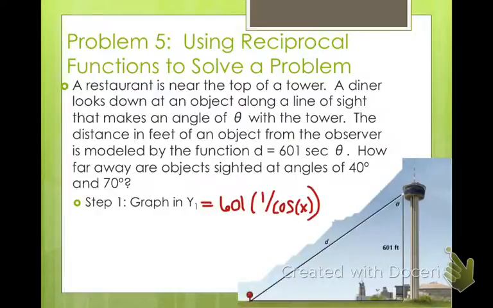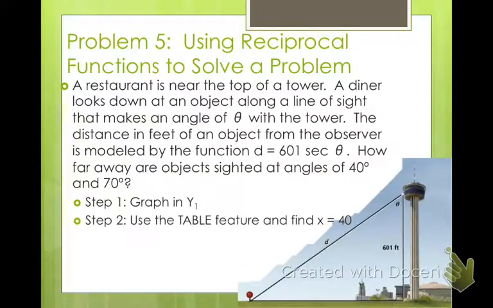So what I'm going to have you do is go to your table feature. You're going to plug in x is 40, and you get your value for y. So when x is 40 in this problem, what is my value of y? And then you're going to do it again for 70. So when you plug those both in, you should get 785 feet away when x is 40 degrees and 1,757 feet away when x is 70 degrees. Pretty simple, not too complicated.